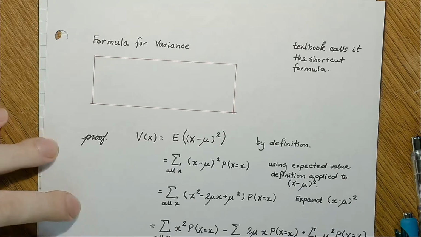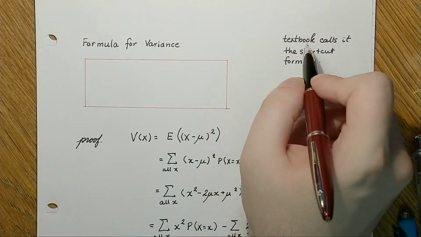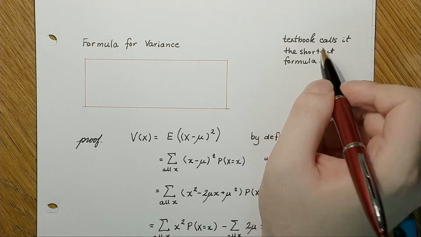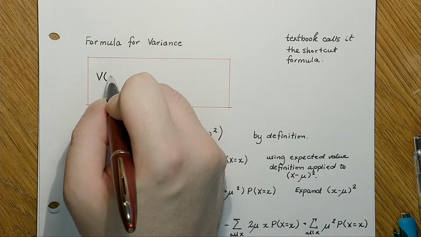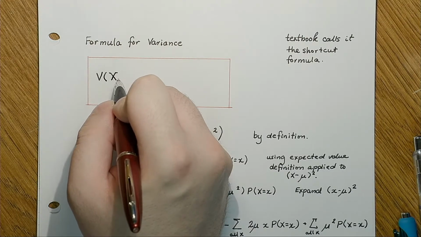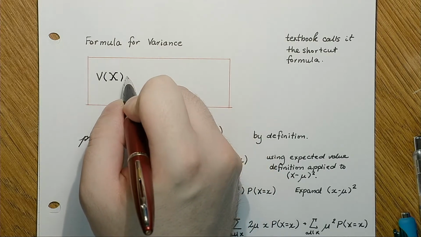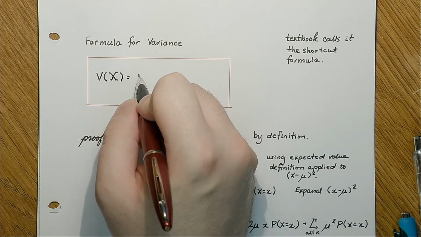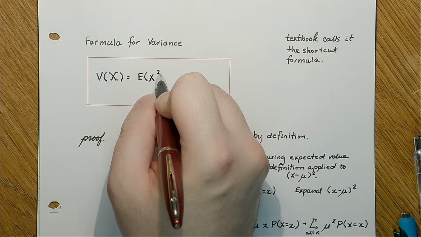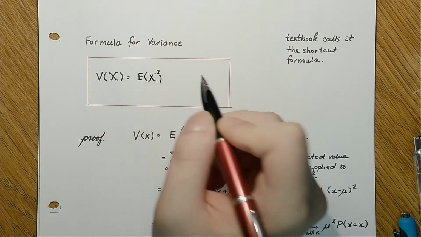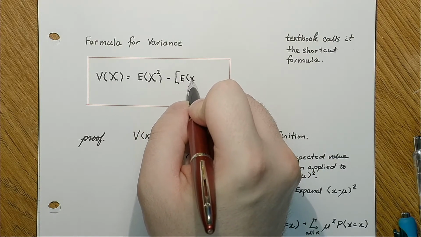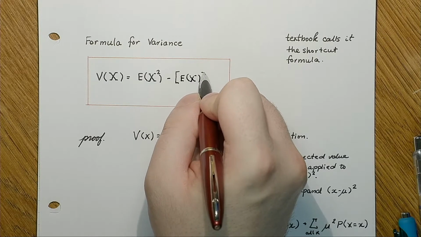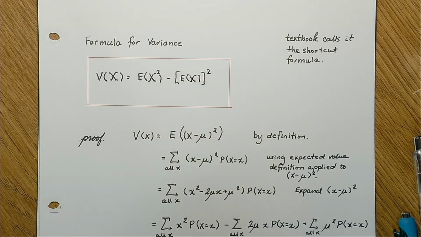Okay. Now we have a formula for variance. In the textbook they call it a shortcut formula. So the variance of x is equal to the expected value of x squared minus the expected value of x, squared.